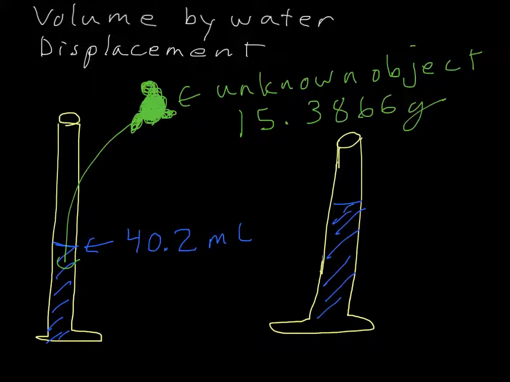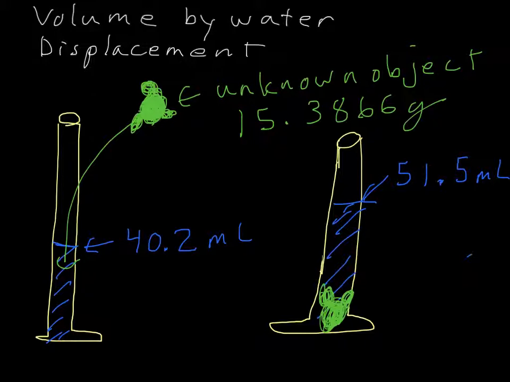I drop my irregular object into my graduated cylinder, and it sinks to the bottom. What do you think happens to the water level in the graduated cylinder? The water level rises. And when I read the volume of the water with the object in it, I discover that the volume is now 51.5 milliliters.